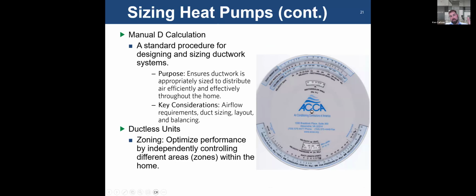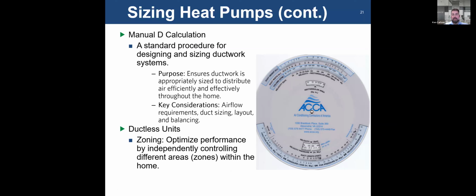And then there's also a Manual D, and this goes into sizing of ductwork to ensure that you've got adequately sized ductwork for the amount of airflow and your temperature differentials available for the system, to make sure that you're not restricted and that you have enough airflow.